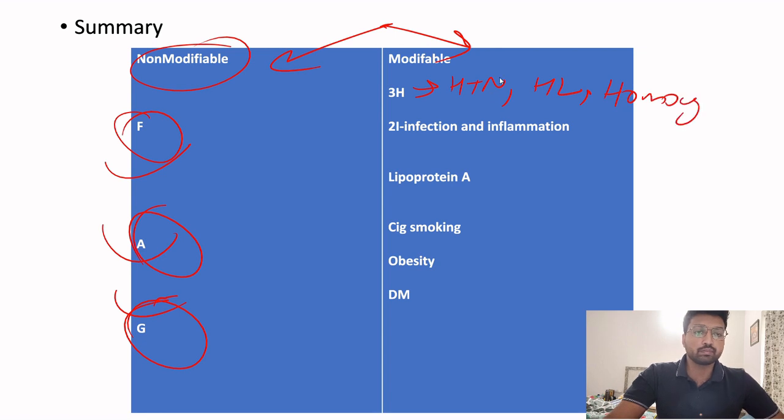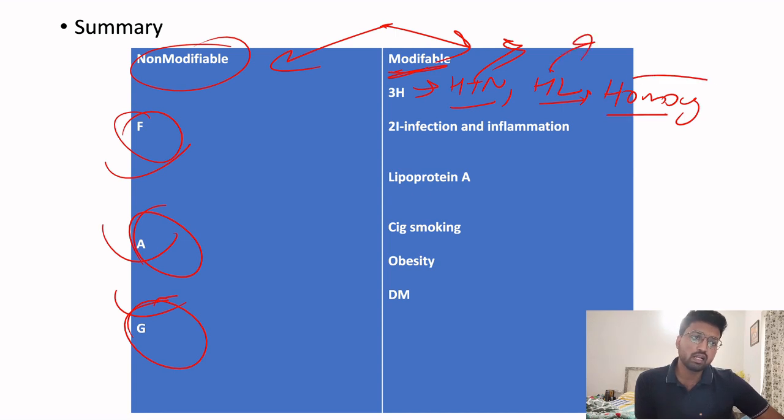How can we modify them? Nobody will ask you this; the question will mostly be to enumerate risk factors, but for further information: hypertension, dietary modification and drugs. Hyperlipidemia, drugs. Homocystinemia, dietary modification, weight reduction, and other lifestyle measures.